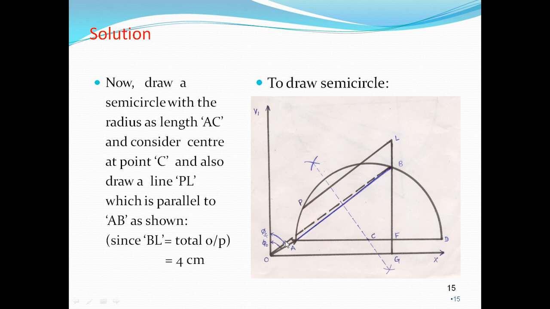Now through A draw a parallel line to OX, that is AD. Now with C as center and AC as radius, draw a semicircle which automatically cuts the point B, and you get this ABD.